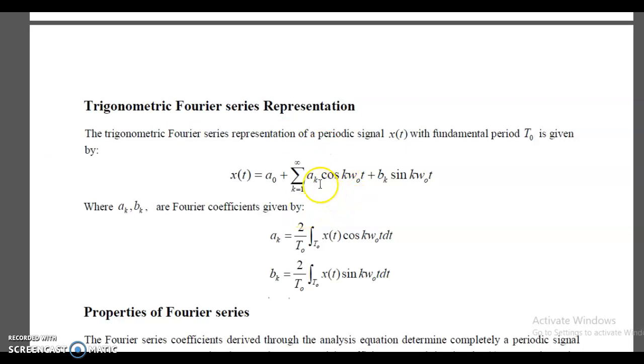You have infinite terms for which you find out the coefficients, and then you multiply them with the corresponding cosine and sine functions, and then you add them up over the whole terms, and then you add it to the DC part, and this whole gives you the original signal x of t. So these a k's and b k's, which are the Fourier series coefficients, could be found out using these two equations.